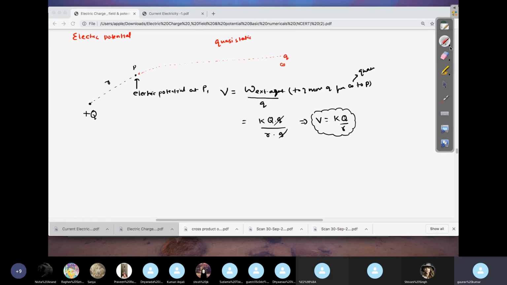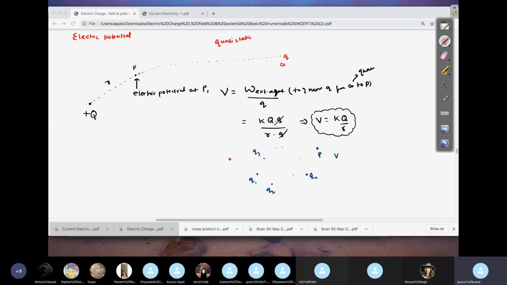So two things straight away you can understand from here. First, if they give you multiple charges like this, let's say Q1, Q2, Q3, up to Qn, and then they give you a point P and ask you what is Vp.